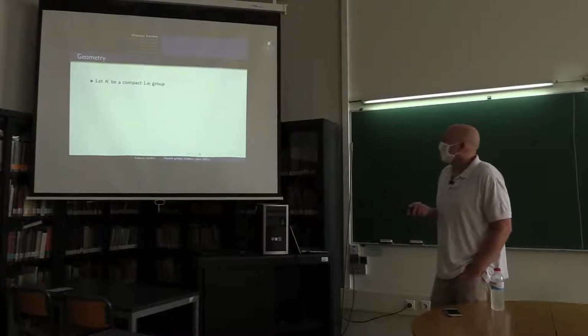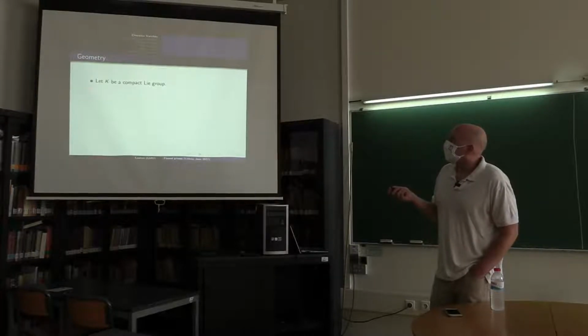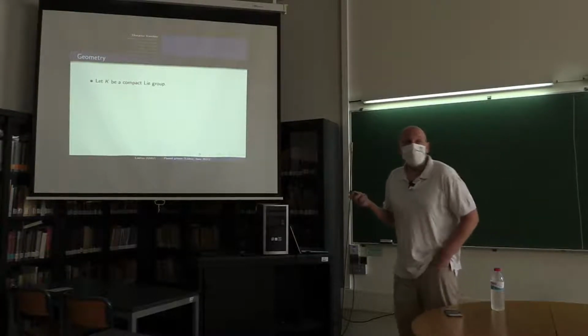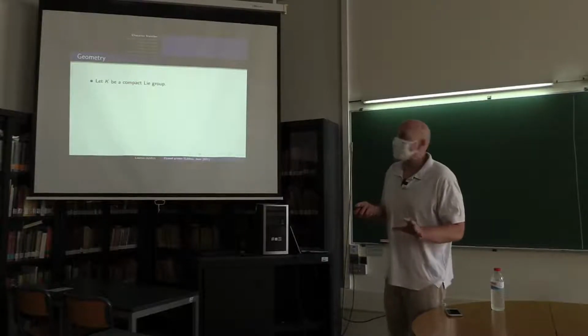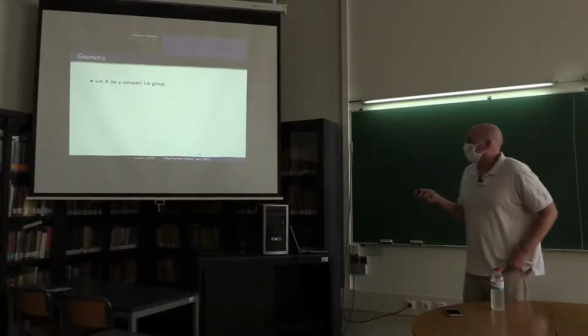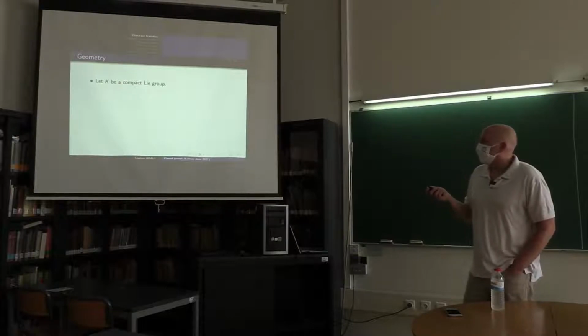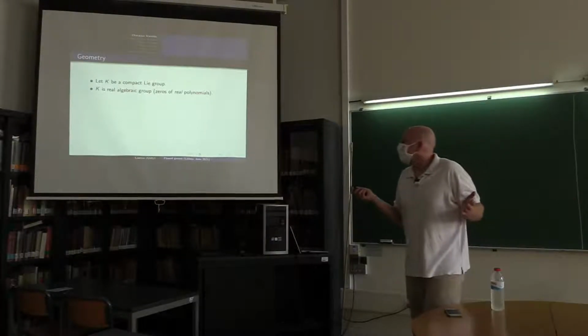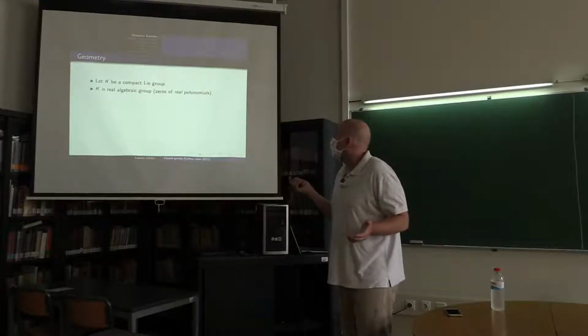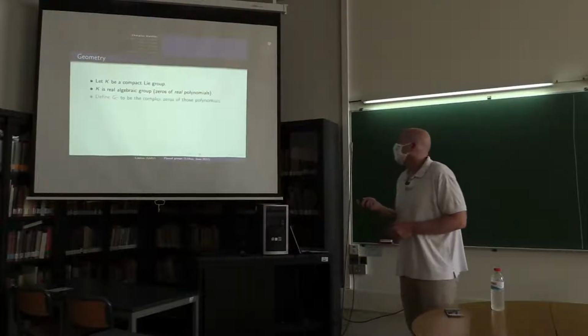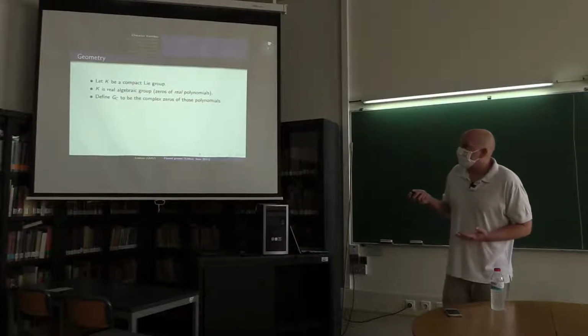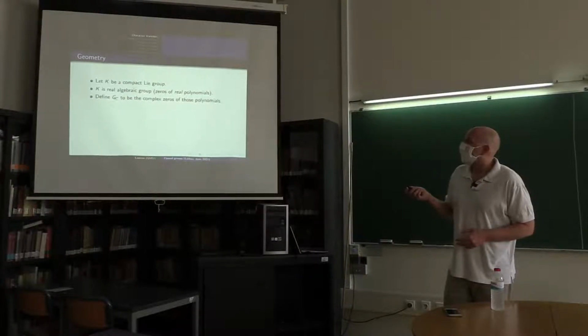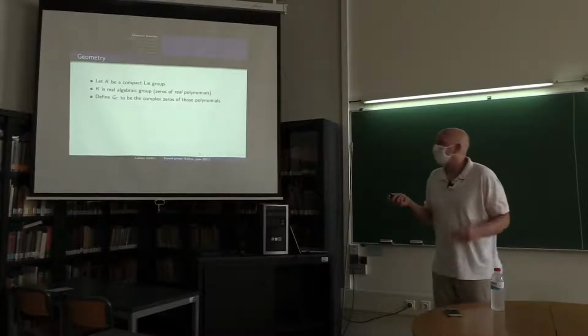Okay, so the second ingredient for a character variety is a Lie group, and the class of Lie groups I'm going to concern myself with, the story of them begins with a compact Lie group. As a general fact, every compact Lie group is the zero set of a bunch of real polynomials, a real algebraic group. And consequently, you can look at their complex zeros, the zeros over the complex numbers.